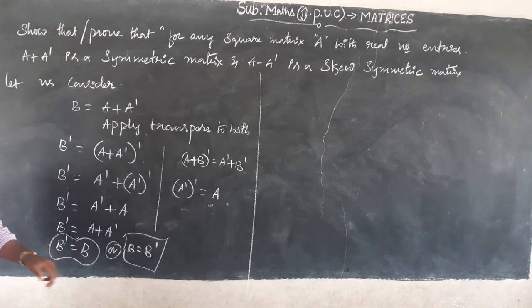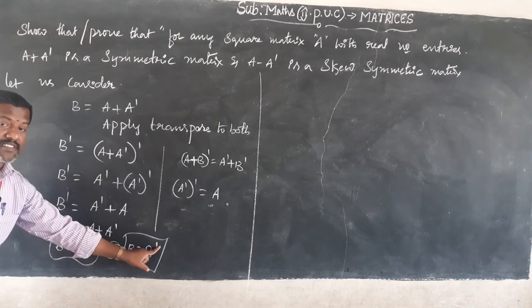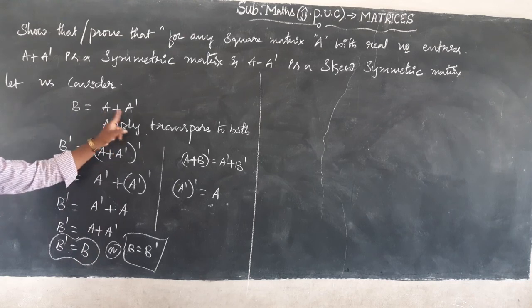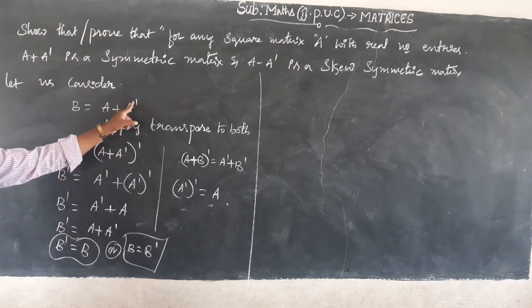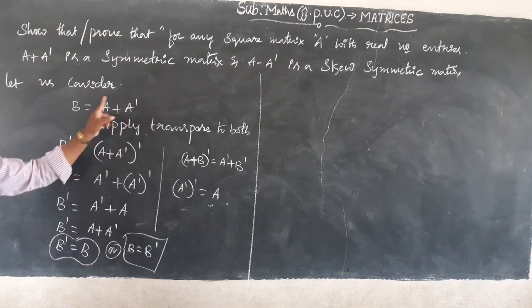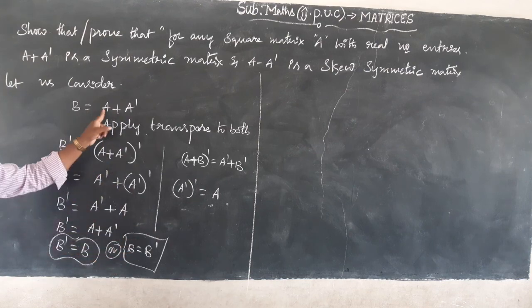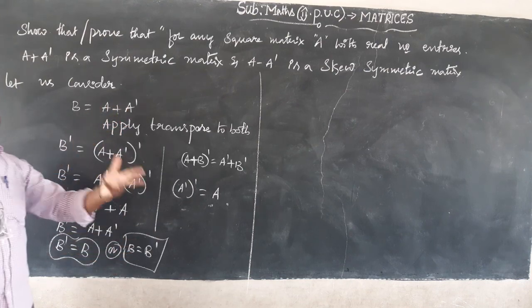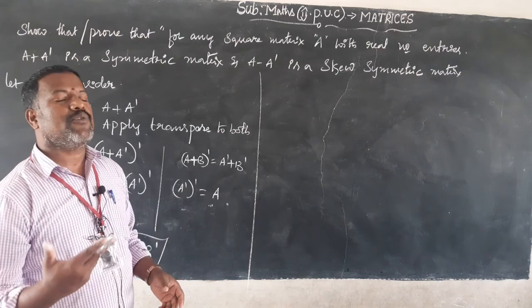Do you understand, children? Now B is equal to B dash has come. What is B? A plus A dash. What is the value of B? A plus A dash. Now what is a symmetric matrix? A is equal to A dash.